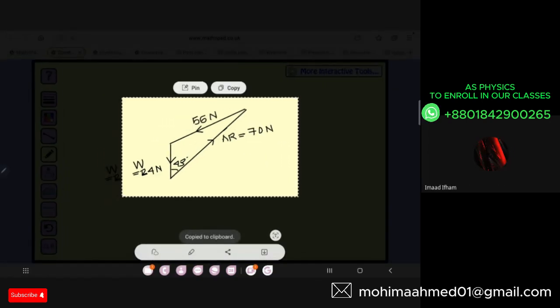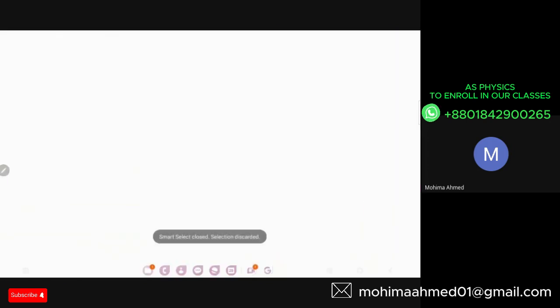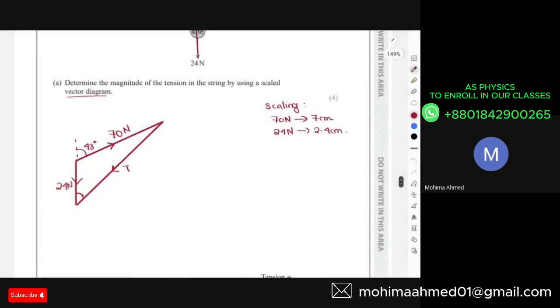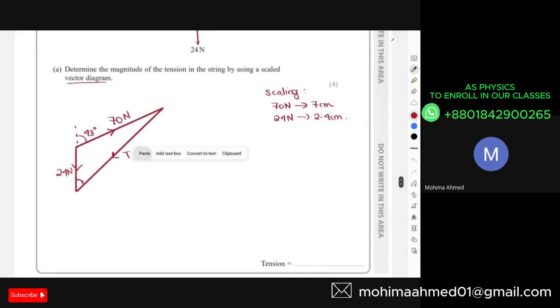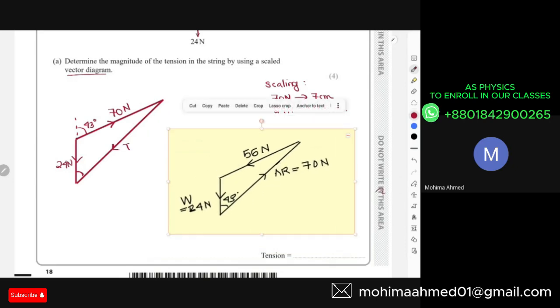Okay. In your exam paper also, you have to draw this type of structure, and obviously with that structure, you have to label the scaling also. Like what is the scaling that you're using on the side of your working, you have to say that the scaling is 70 Newton is represented as 7 centimeters and 24 Newton is represented as 2.4 centimeters, right?